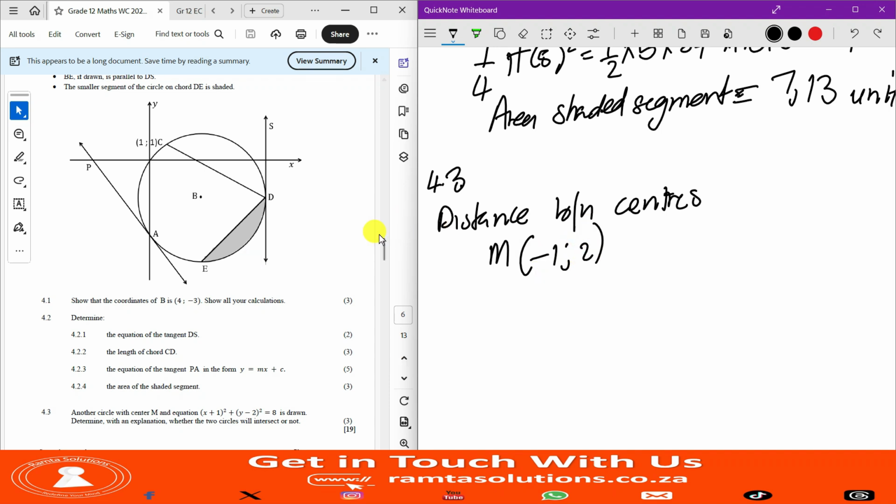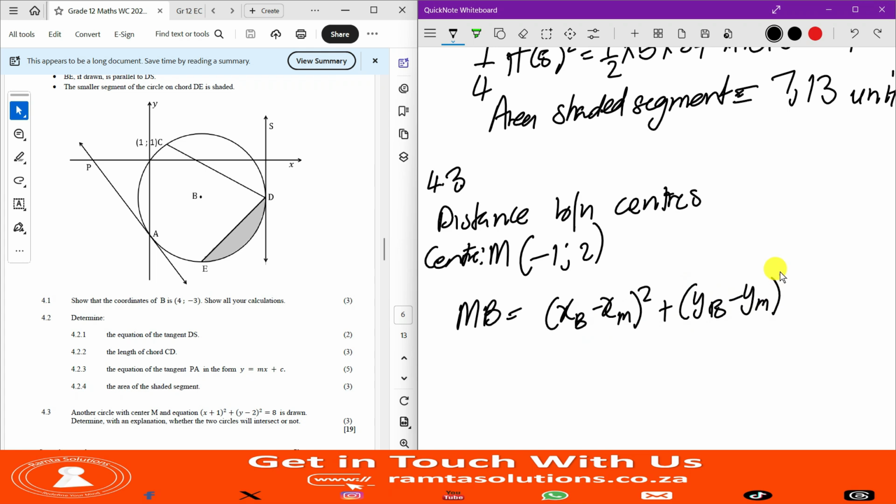This is center M. Now the distance between the centers, let's call it MB, will be the square root of (x of B minus x of M) squared plus (y of B minus y of M) squared. X of B, what is the center? I think it was 3?